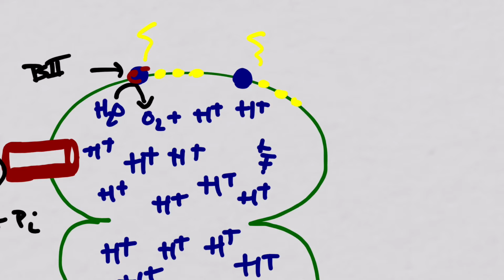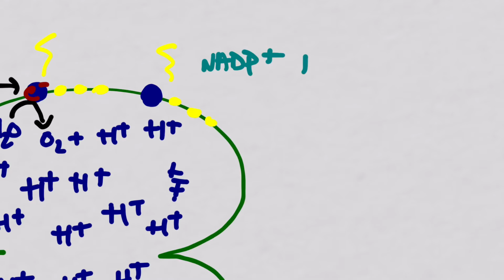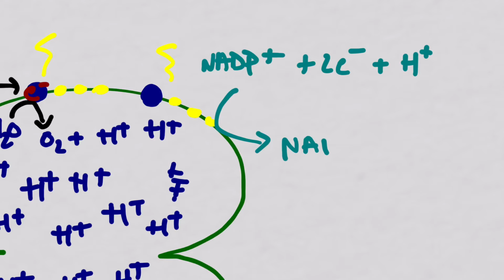It is called NADP+. So NADP+, plus 2 high energy electrons, plus a hydrogen ion, are all going to be stuck together to get NADPH.